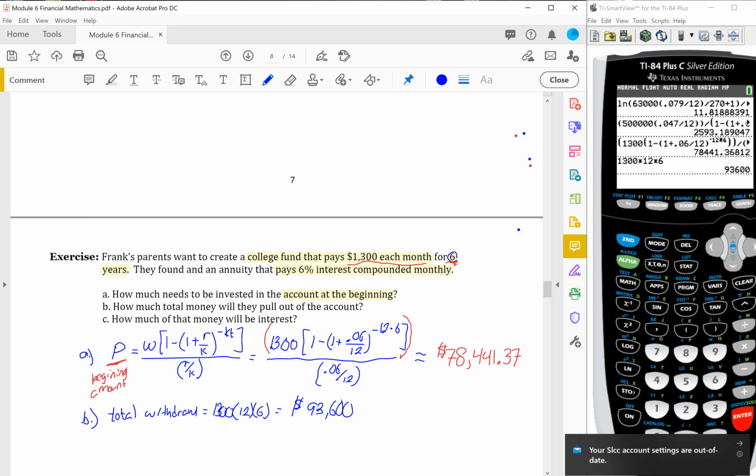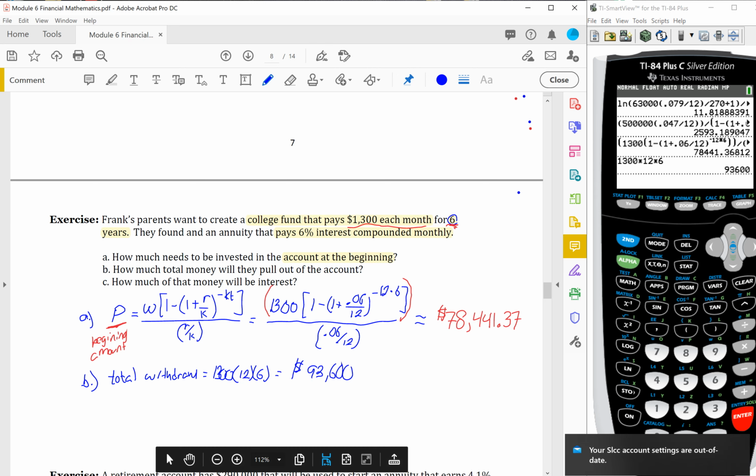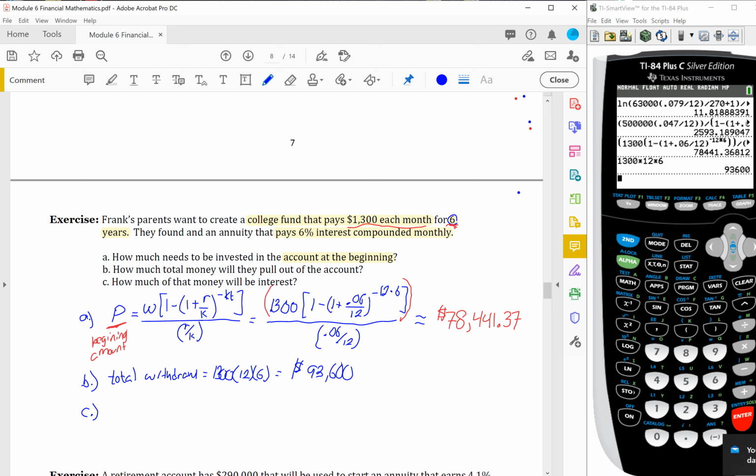So now we get to say, well, how much interest did you accrue? So now this is part C. The interest is going to be the amount of money that you withdrew, the $93,600, minus the $78,441.37.